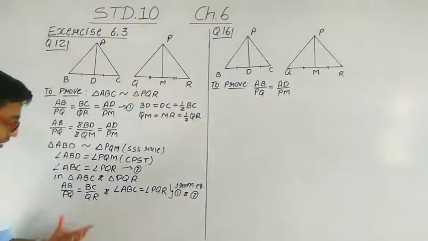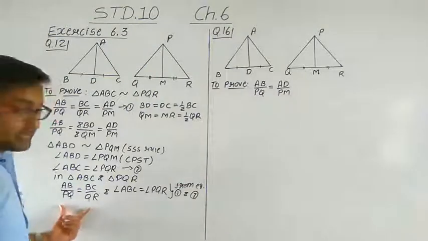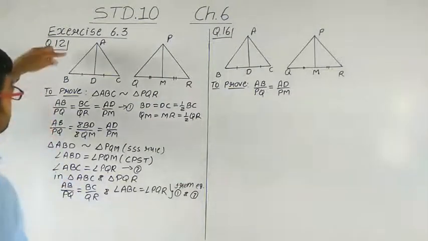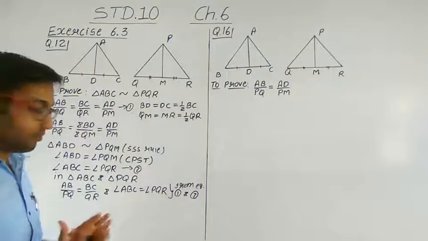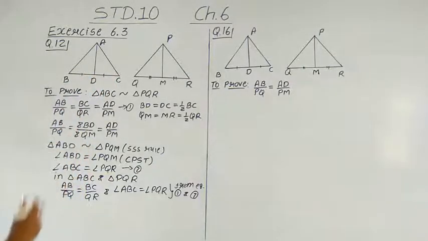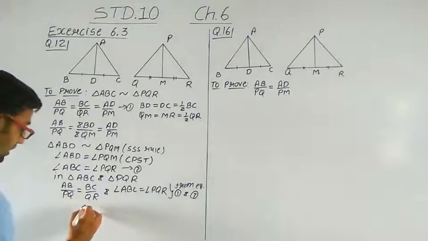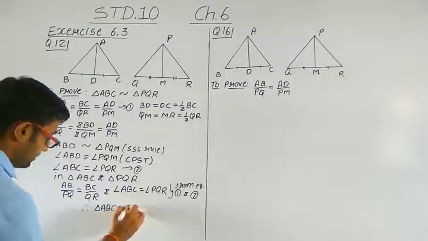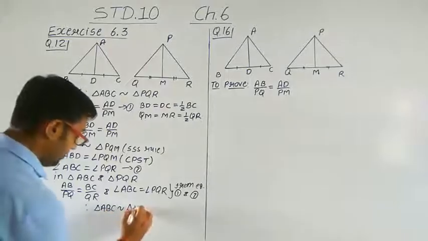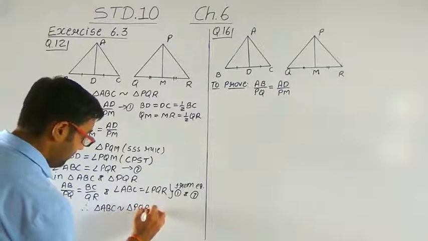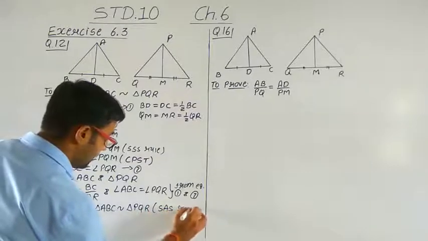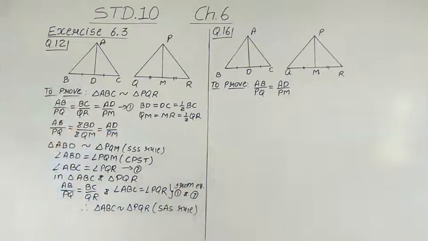So if in two triangles, two sides are in proportion and the angle included between these two sides is also equal, then we can say that the two triangles are similar to each other. Therefore, we can write down triangle ABC is similar to triangle PQR by side angle side criteria. So this is how we can prove this sum.